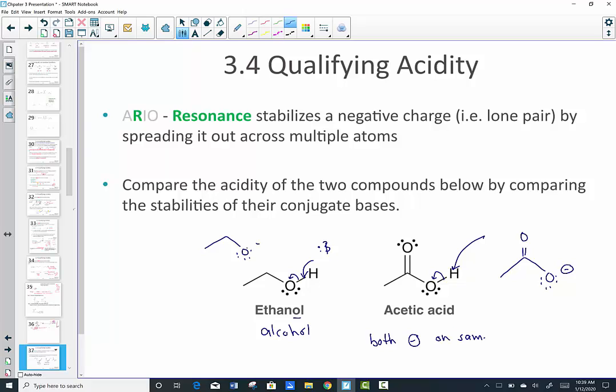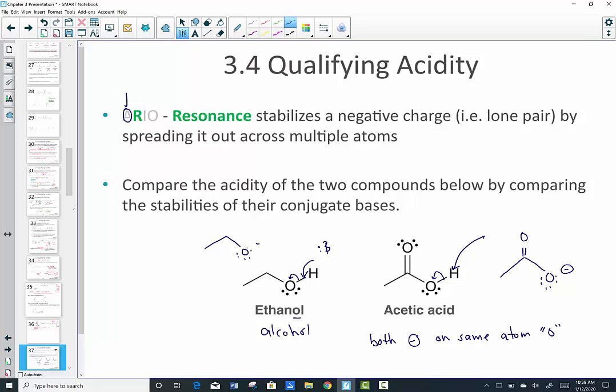So the first ARIO, the atom, doesn't play a role here because it's the same atom. The atom that's got the negative charge is oxygen in both cases. So then I go down to the next letter, R, which stands for resonance.